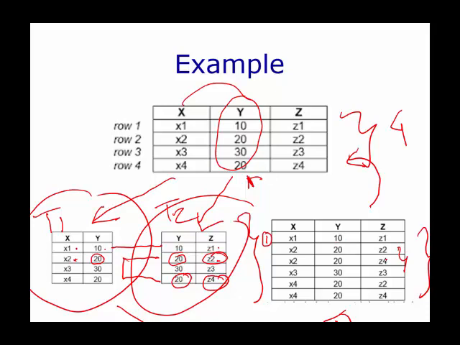And the other one is x3 30, with z3, which is correct. And then the other one is x4 20, once again 20 with z2 and 20 with z4. So it turned into 6 rows.